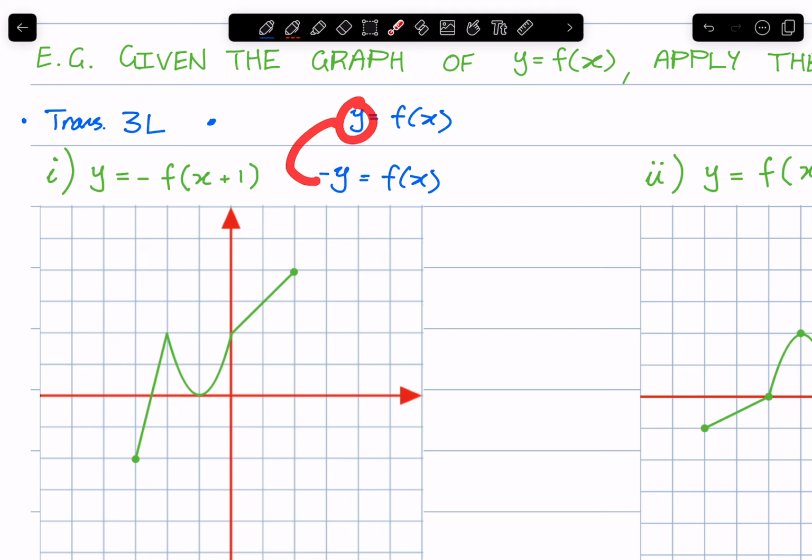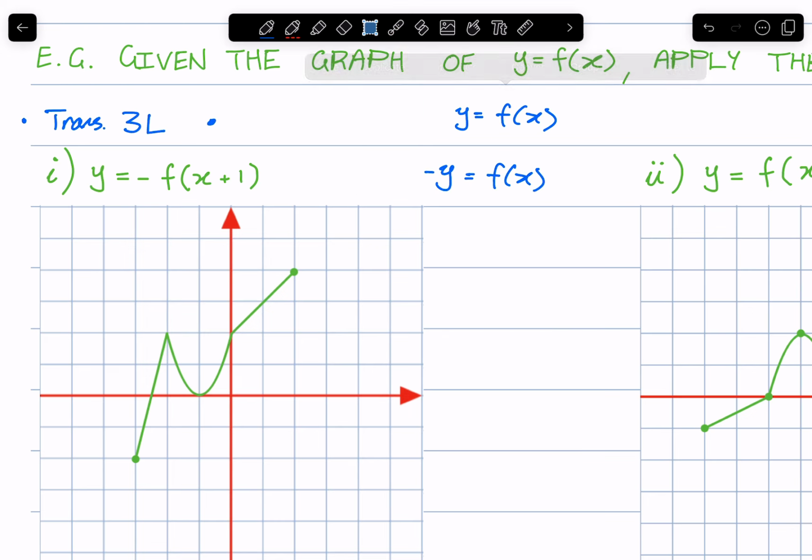When y becomes negative y, that is a reflection on the x-axis. Okay, so we're reflecting along this axis because these y values become negative y values.